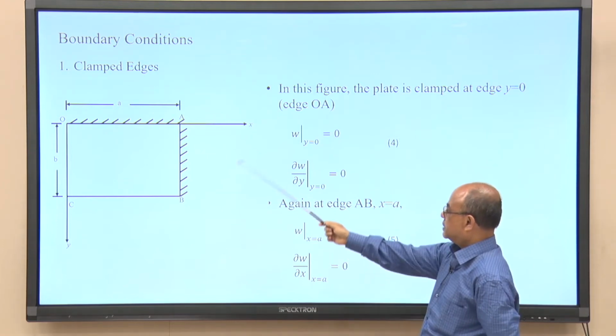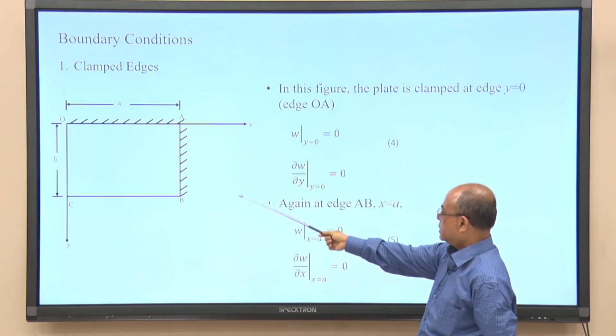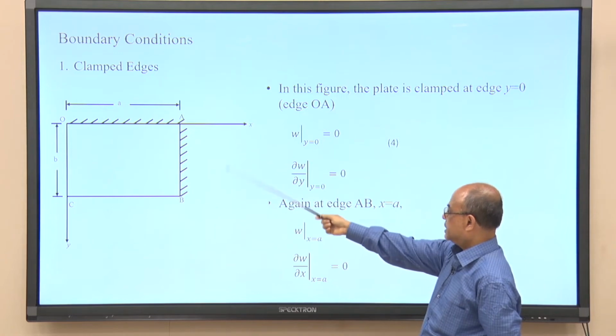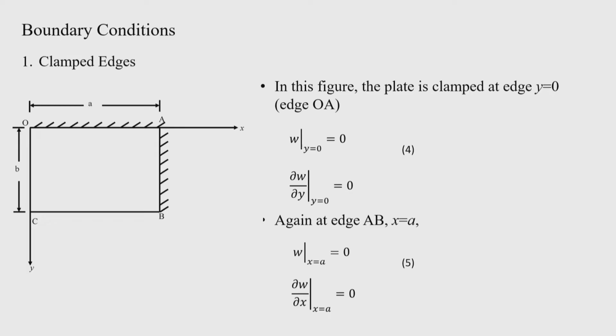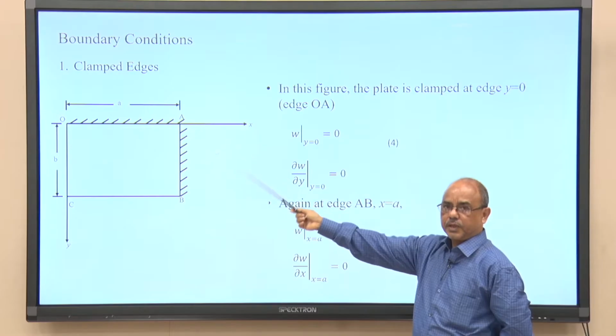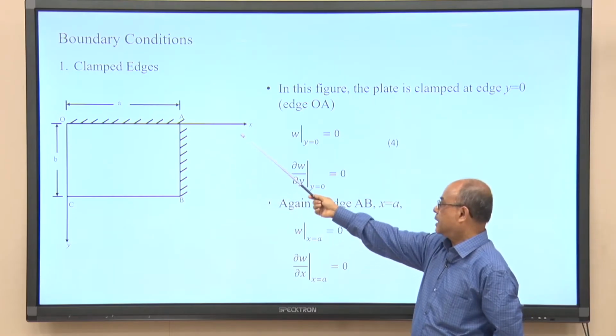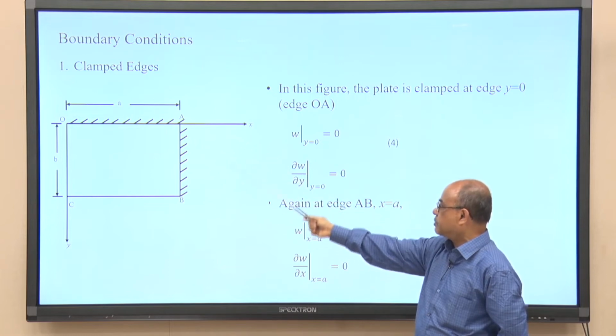Okay. Now, here I take an example of a rectangular plate which has straight edges. So, the rectangular plate is say OABC, that you are seeing here. The length of the plate is a, which is along the x axis, and the width of the plate is b along the y axis. Okay. And you can see here that edge OA is fixed, it is clamped, and edge AB is also fixed.